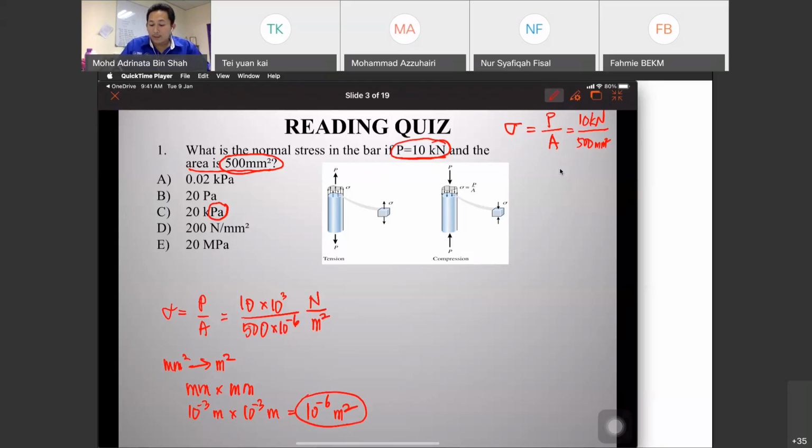So sigma, P over A, its SI unit is Newton over meter square, which is the same as Pascal. You see 10 to the power of negative 3, this has to be multiplied by 2 mm, this is just basic mathematics. So 10,000 divided by 500 times 10 to the power of negative 6. The answer is 20 times 10 to the power of 6 Pascal.